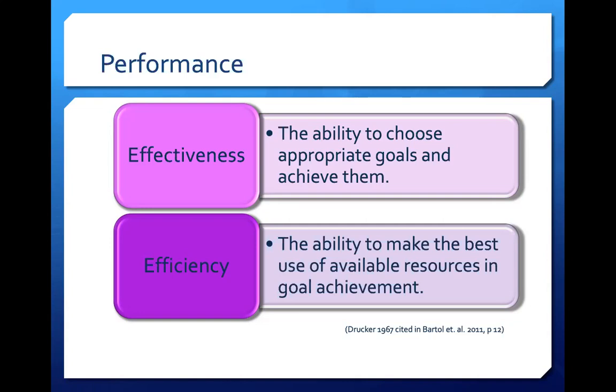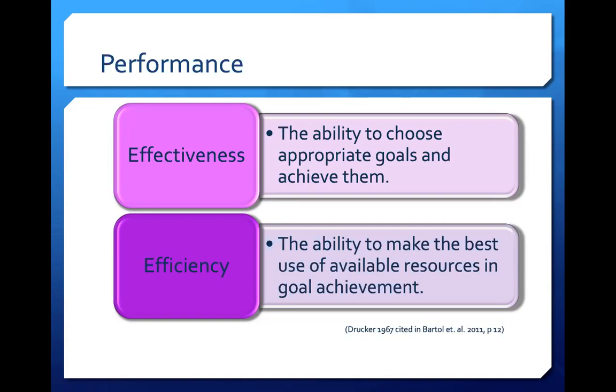Peter Drucker is one of the management gurus. He suggested we need to differentiate the concept of effectiveness and efficiency, where effectiveness is about the ability to choose the appropriate goals and achieve them. And efficiency is about the ability to make the best use of the available resources when we want to achieve the goal.